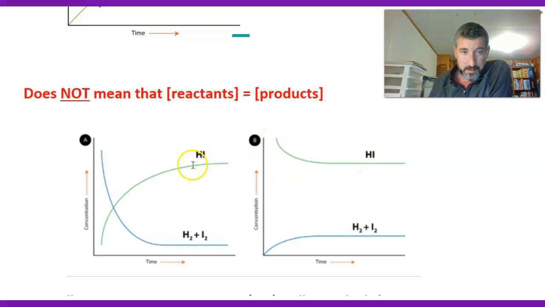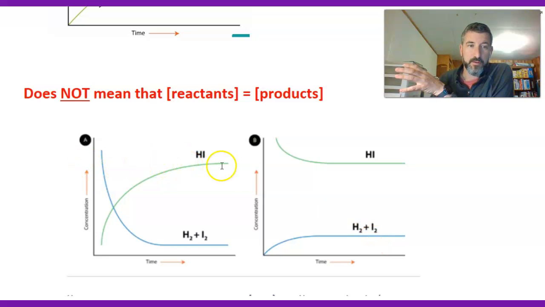Notice in either case, though, the HI at equilibrium has a much higher concentration than the H2 and the I2. Whether you start with H2 and I2 in your reaction vessel, in your flask, or if you start with the HI in that flask, they will eventually reach equilibrium. And notice your concentration of HI compared to H2 and I2 are very similar.